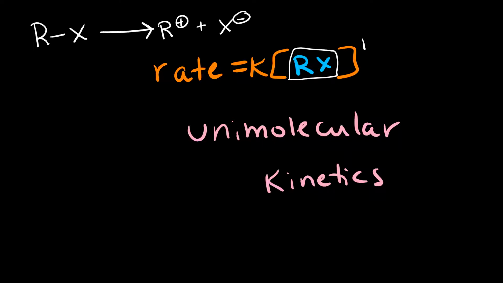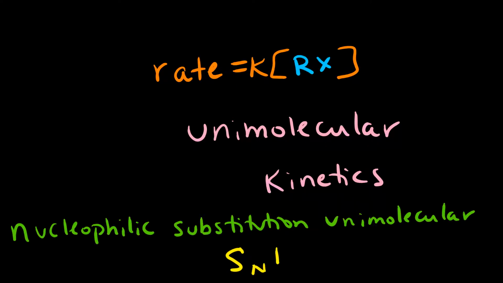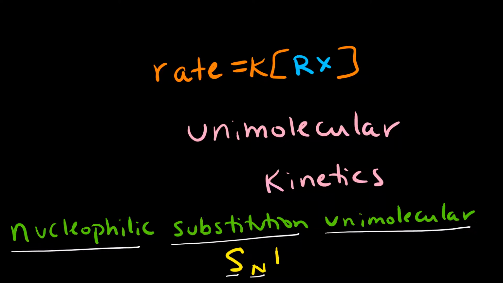And when a rate has an exponent of 1, like this, we say that it exhibits unimolecular kinetics. And so overall, we would say that this is a nucleophilic substitution reaction and that it's unimolecular in nature. So the abbreviation for this is going to be S subscript N1, or the SN1 reaction.